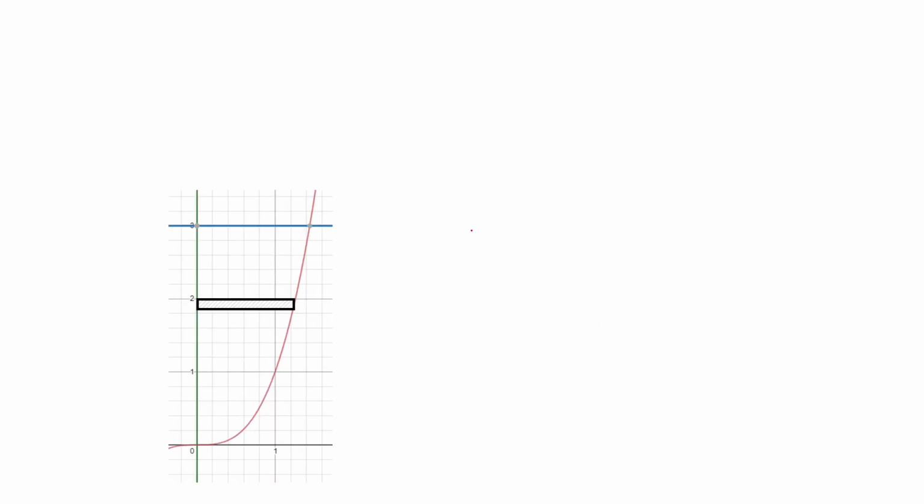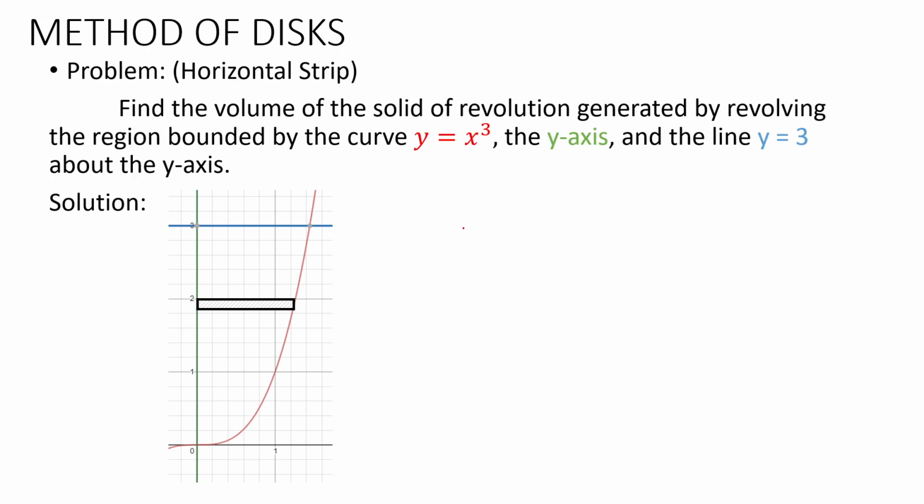Okay, so let's go to another problem. This time we're going to use the horizontal strip. It's still a disk because the axis of rotation is the y-axis. Again, we rotate it about the y-axis, so replicate the right side of the horizontal strip.